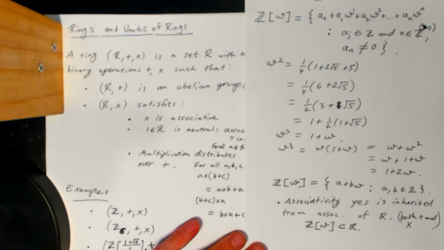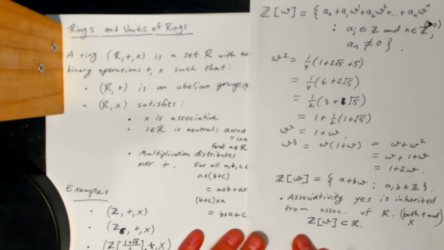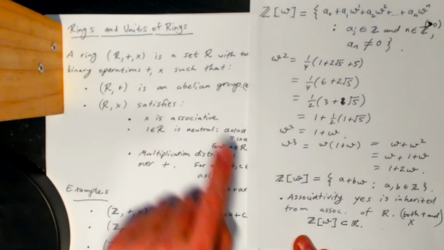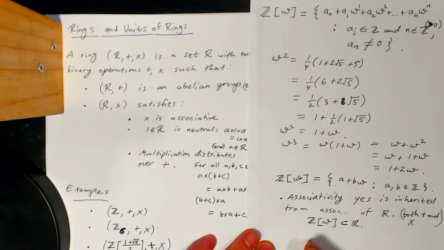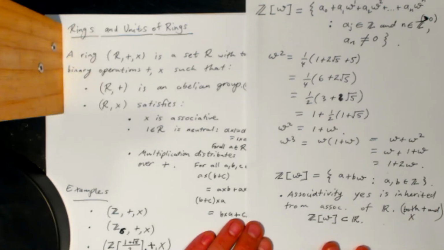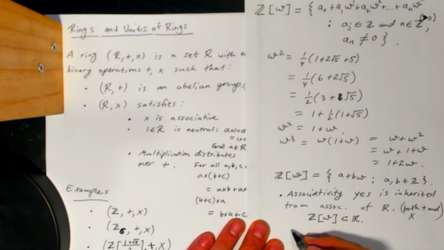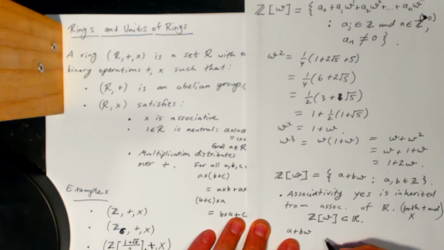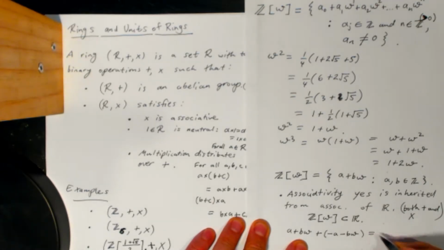Actually, on this little page here, why don't we finish off the fact that this together with addition is an abelian group. So we have associativity, and the additive inverse: a plus b omega plus (minus a minus b omega) gives us (a minus a) plus (b minus b) times omega, which is 0.